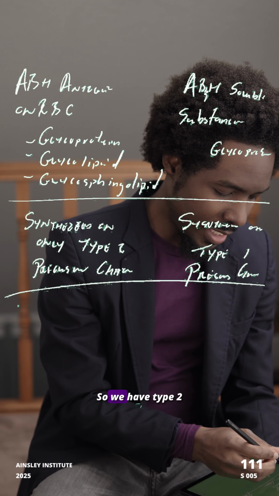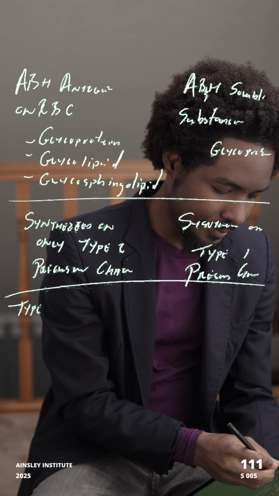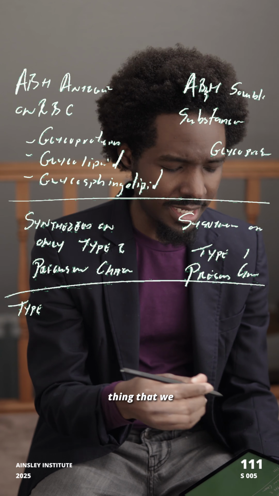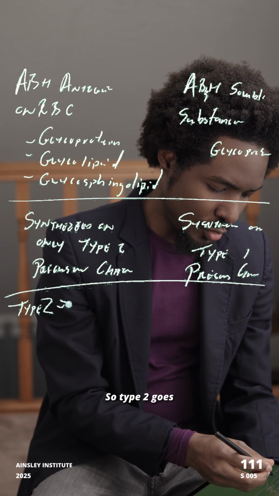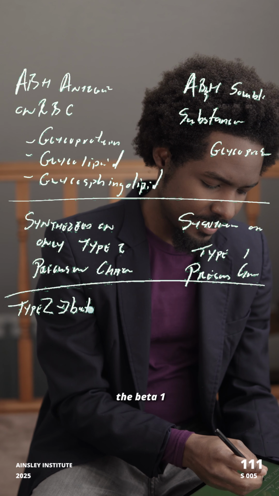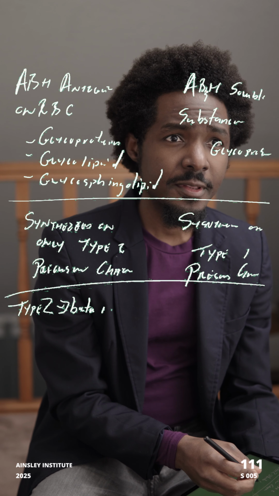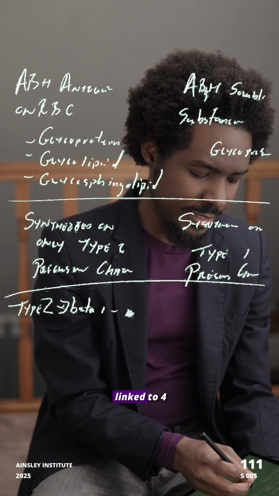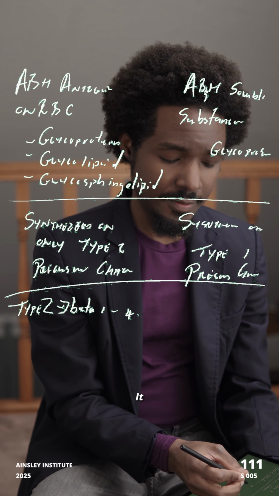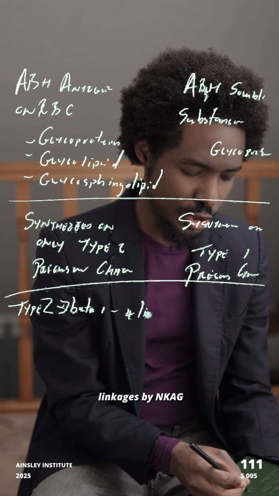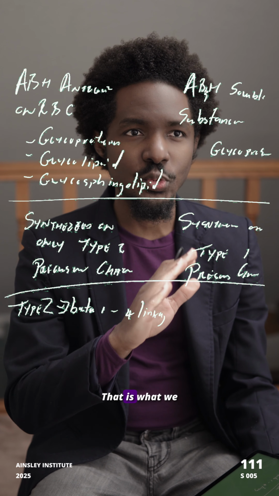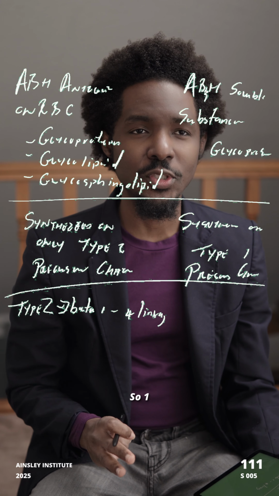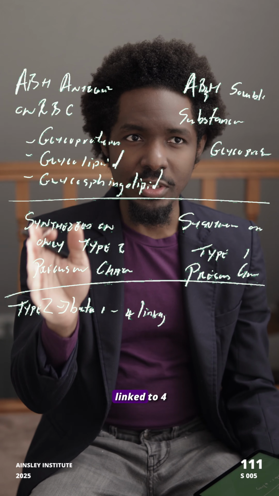So we have type 2, the same thing we have been discussing before. Type 2 goes to the beta 1, and this is linked to 4. It has a 4 linkage. That's what we need to understand. So 1 is linked to 4.